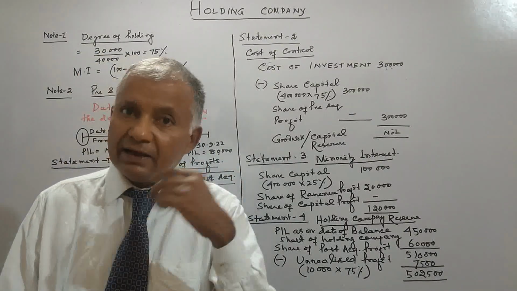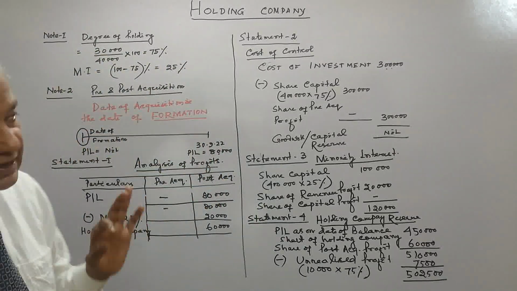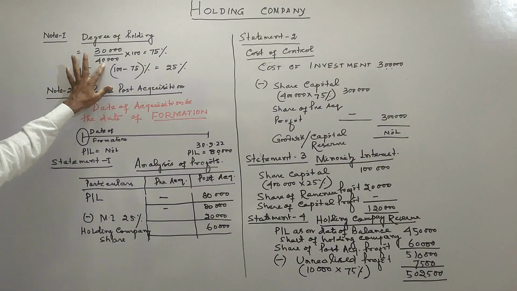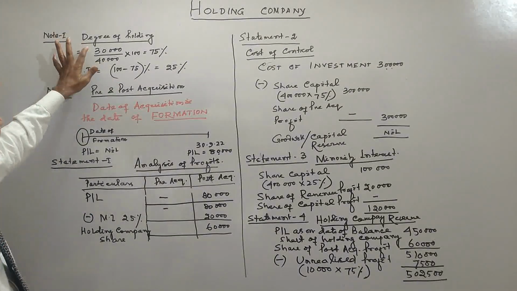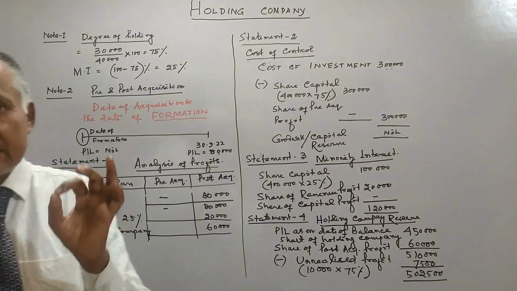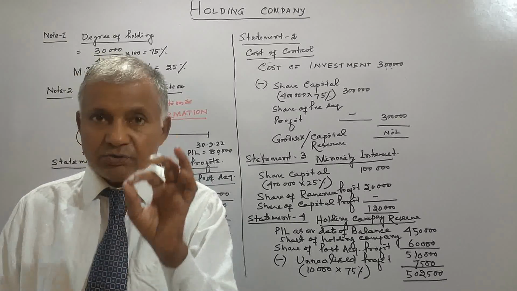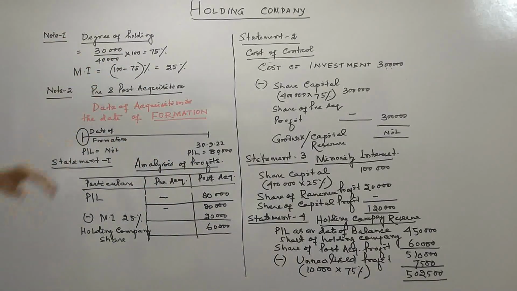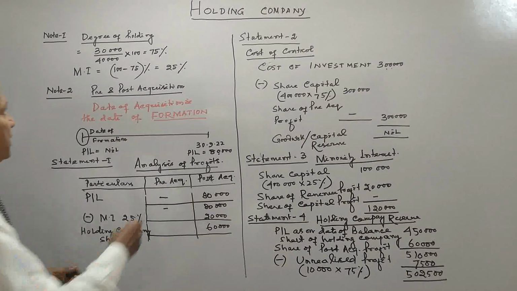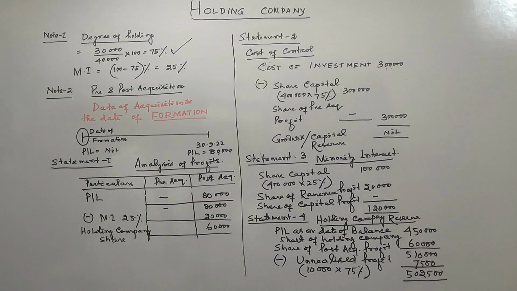So 4 lakh divided by 10, the total number of shares in subsidiary company B Limited is 40,000. Out of that, 30,000 shares are held by A Limited, that is the holding company. So 30,000 by 40,000 into 100 comes to 75%, which is the degree of holding.